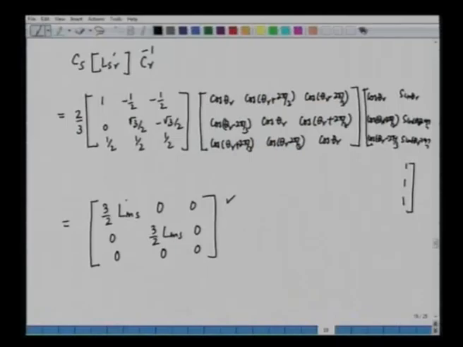So, this is the magnetizing inductance of the d axis, this is the magnetizing inductance of the q axis, and this is corresponding to the zero sequence component. And since the zero sequence component does not produce any coupling, it does not have any magnetizing inductance, and that is corresponding to 0.